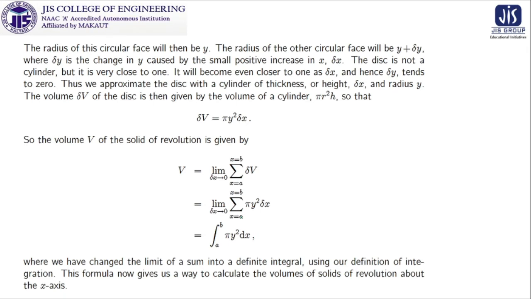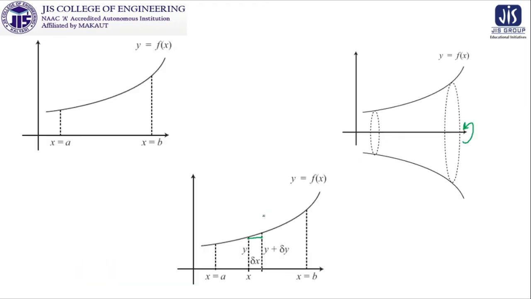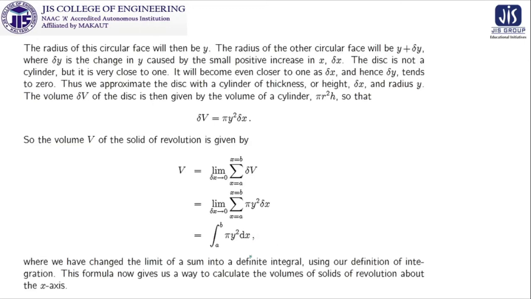Look at this. This is the elaborate expression given to us: the radius of the circular face will be y, because we have already seen that structure, and the radius of the other circular face will be y plus del y, because of the increment of del x.